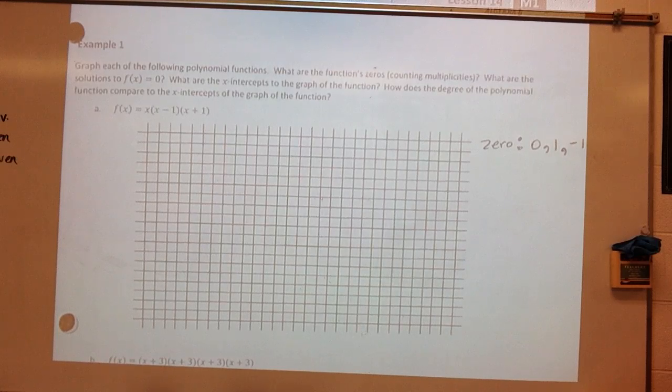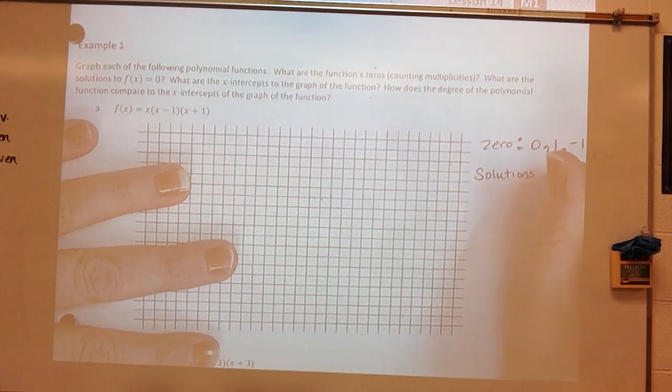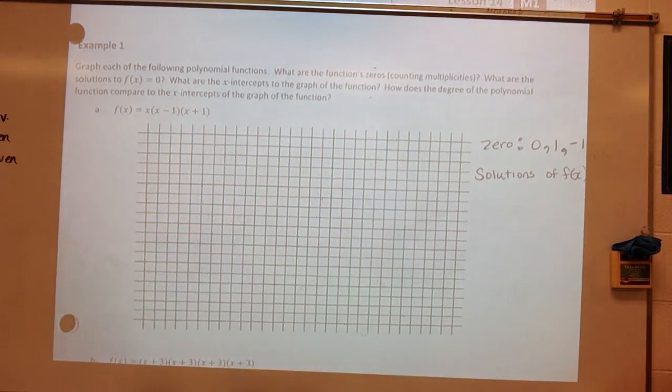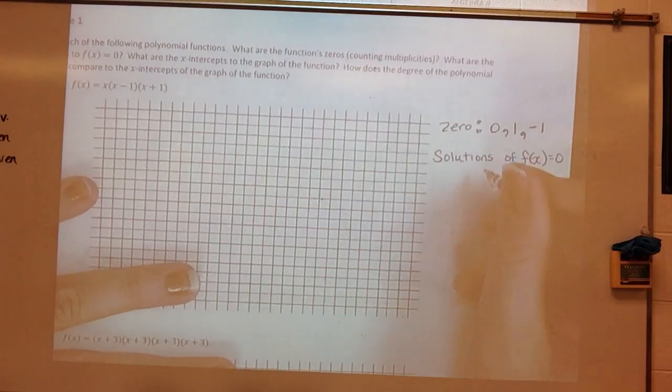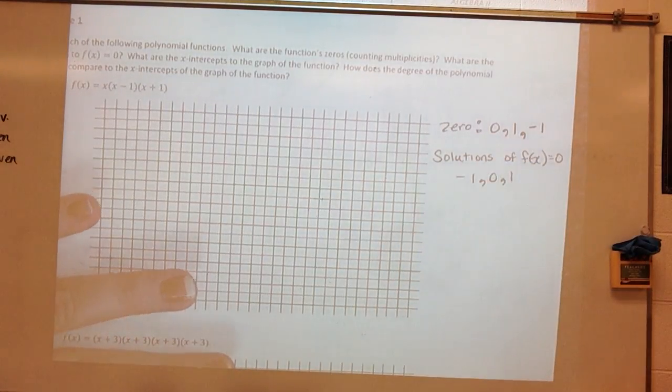So what are the solutions of f of x equals 0? Where would y equal 0? Y would equal 0 at negative 1, 0, and 1.